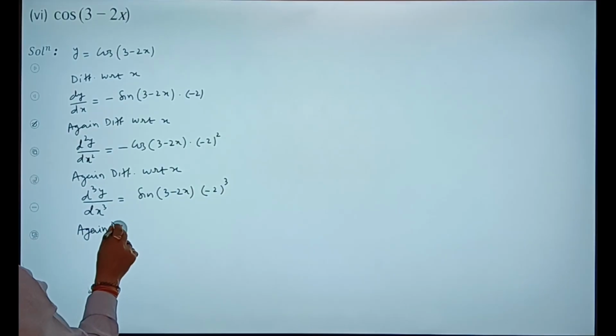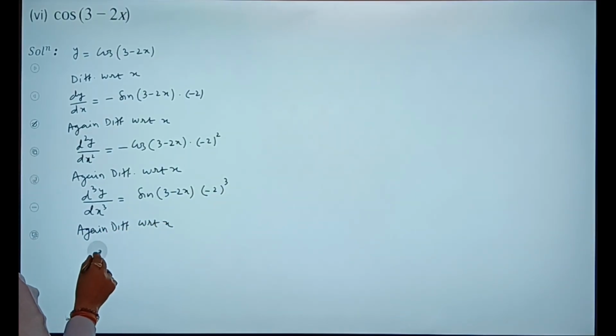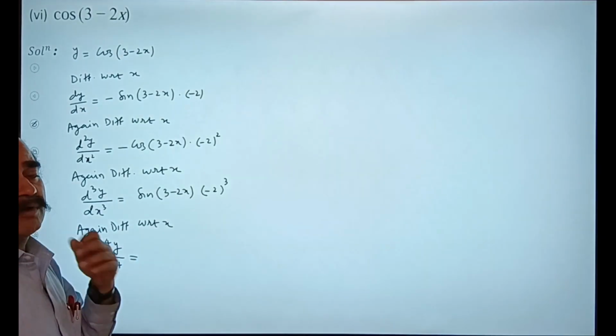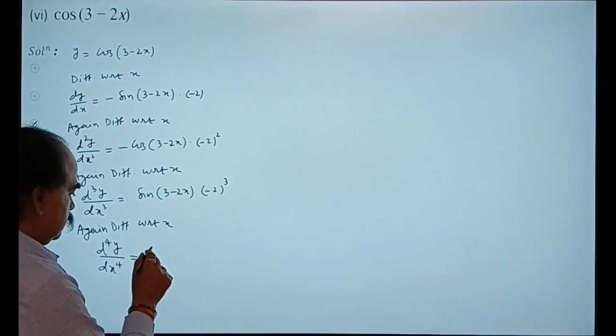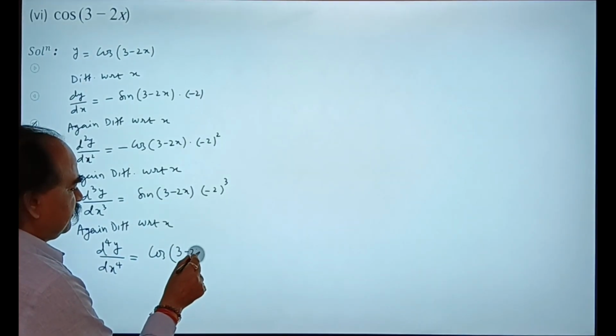Again differentiating with respect to x. d4y by dx raised to 4. Derivative of sine is what? Cos of 3 minus 2x.